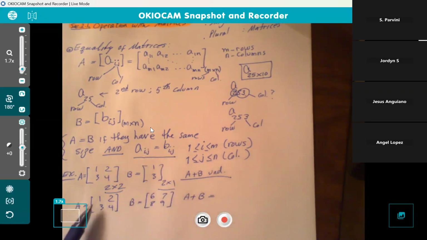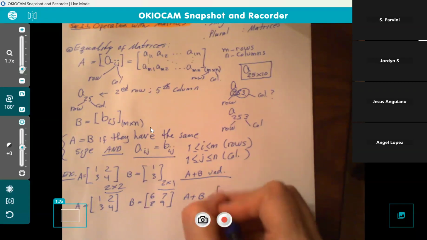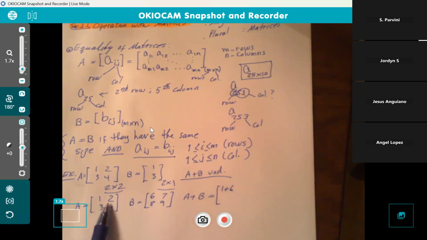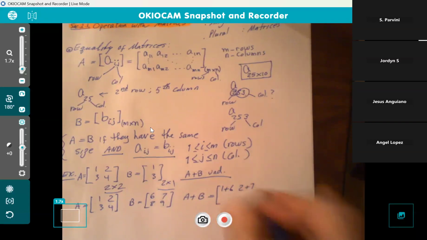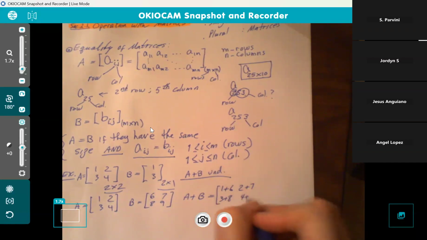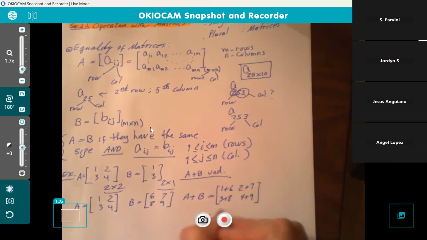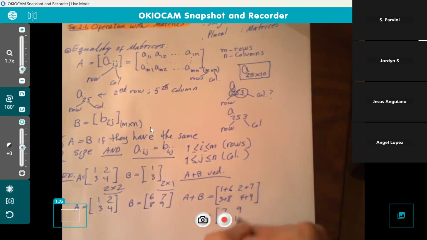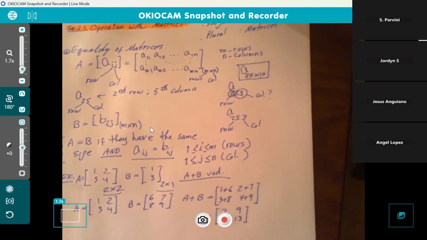That means the element in the first row, first column of A combines with first row, first column of B. So A plus B, that's 1 plus 6. The element in the first row, second column, first row, second column add together. So that's 2 plus 7, then 3 plus 8, and then 4 plus 9. And this is going to be what? 1 plus 6, that's 7, 9, 11, and 13. You see how that works?